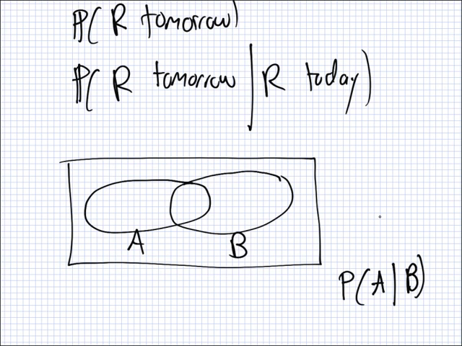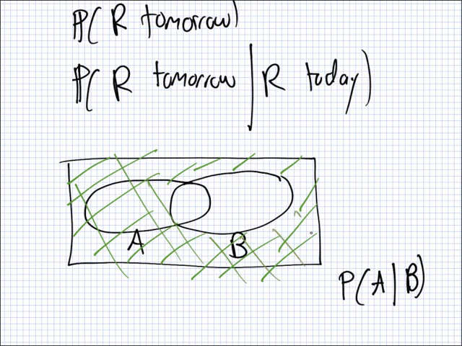Definitely know B has happened. So, in some ways, the rest of this diagram now is deleted. Is there any possibility that we're outside of B? Yeah, we can't be. There's one thing we know for certain, is that we're inside of B. And the probability of A is only now going to be this piece here. And not A is going to be this piece here.